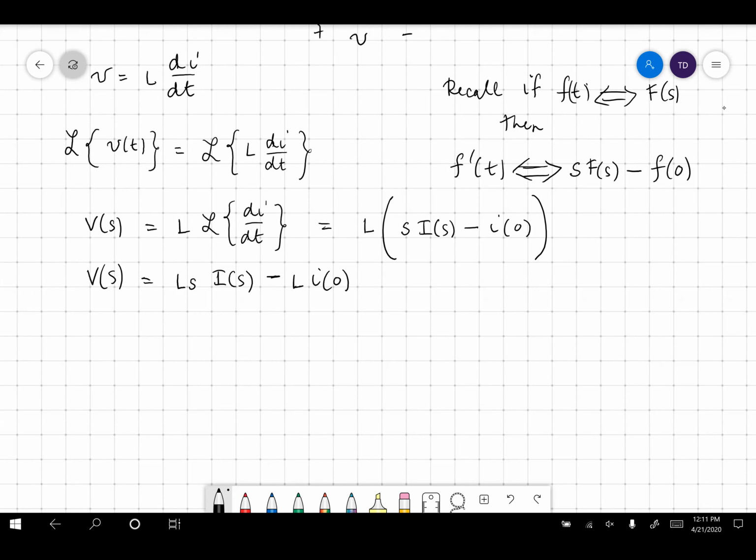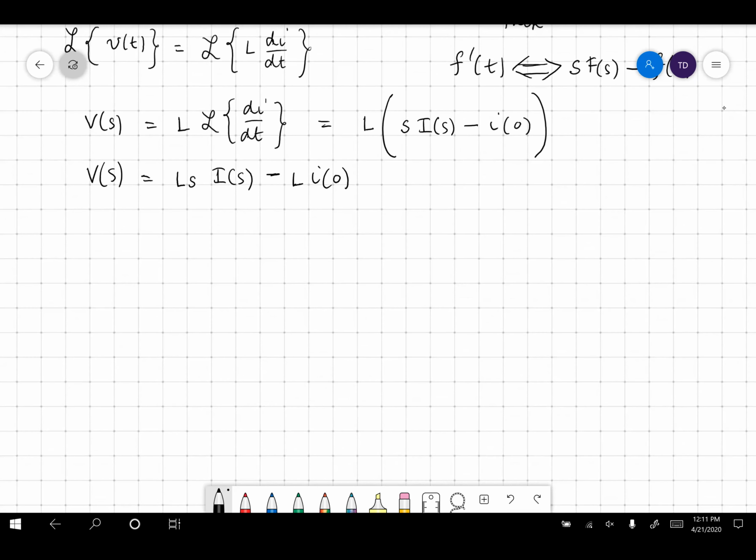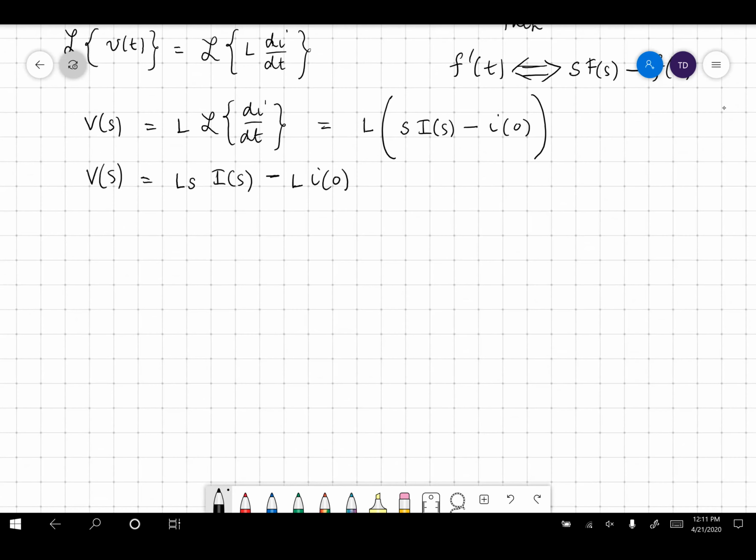Okay, this one's a little bit trickier. It's not so obvious. So first, let's go to the Laplace transform of just the inductor. If I have an inductor and I want to transform it, what happens? Well, I have this L part here and I have this L part here. That's really interesting. If I wanted to declare an impedance, I'd follow the same description as before. It's defined to be V of S divided by I of S, provided initial conditions are equal to 0. Well, the initial condition is this term right there.